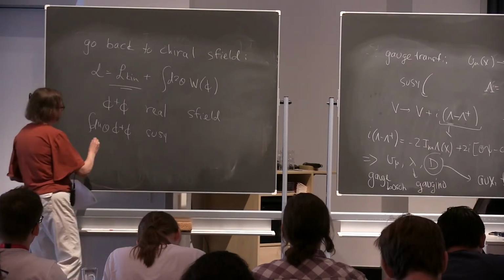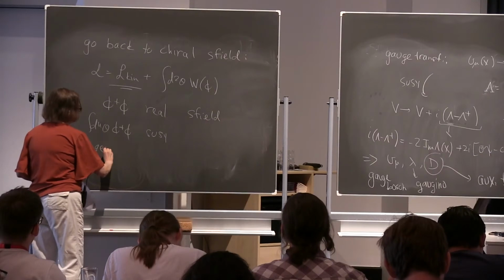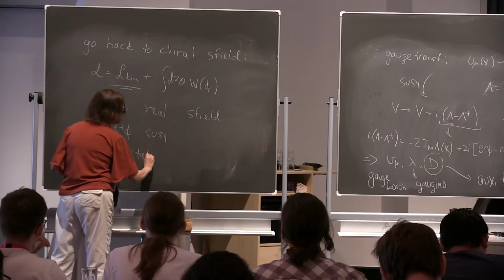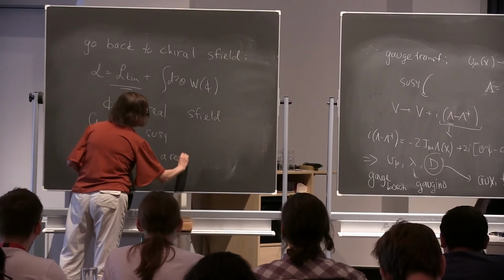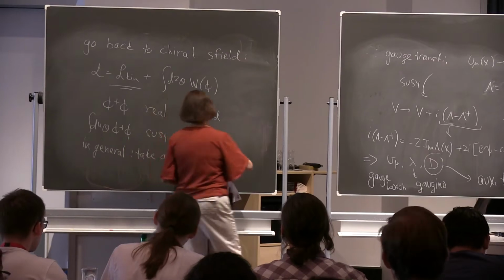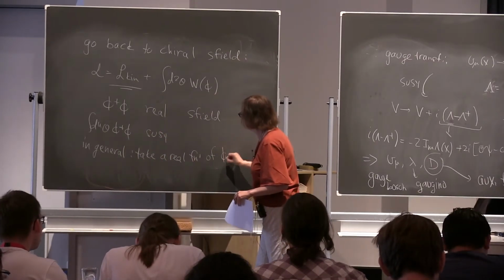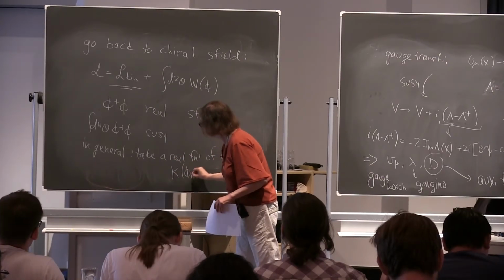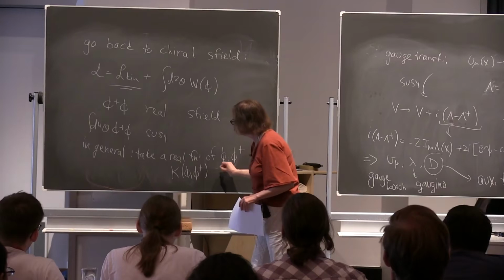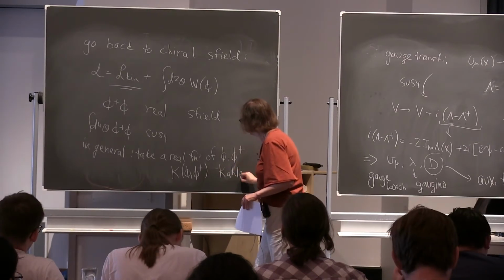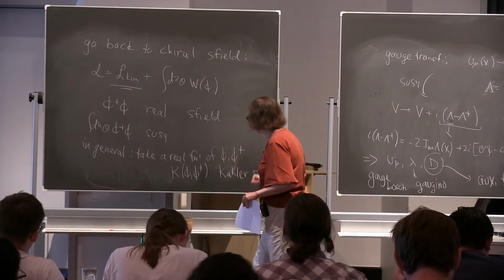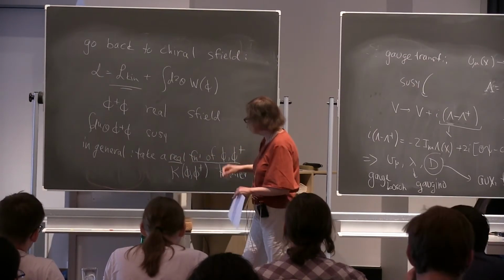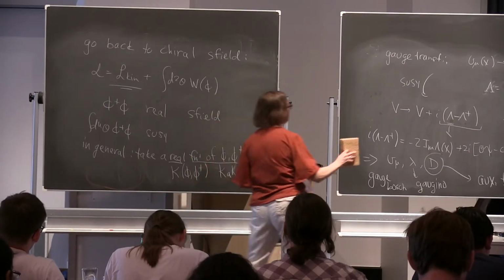And in general, if I do things a little more generally, I can take a real function of phi and phi dagger, which I'm going to call K of phi and phi dagger. This guy is usually called the Kähler potential. But the only thing that matters for now is that it's a real function of the phi and phi dagger.